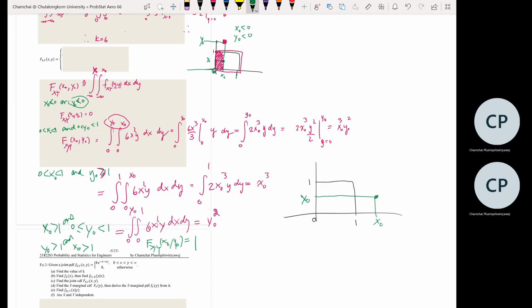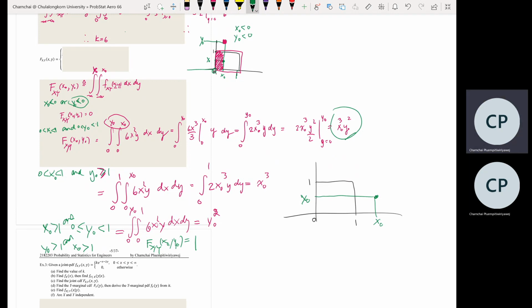It's y naught squared. Just follow this one. Is there a over 3? No, it's this one, except when y naught is 1.